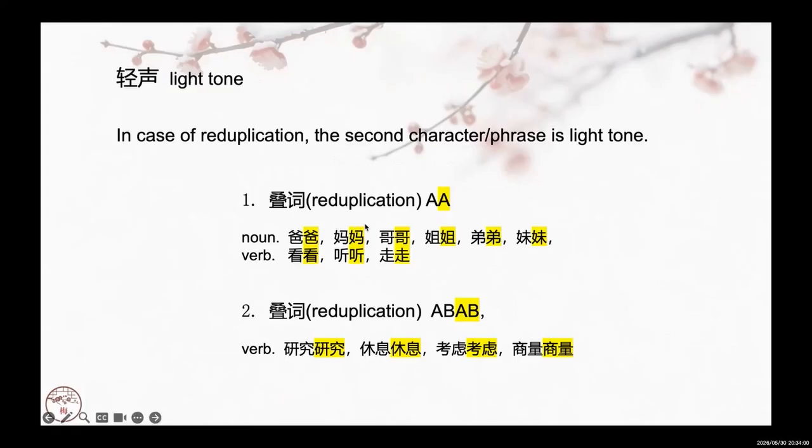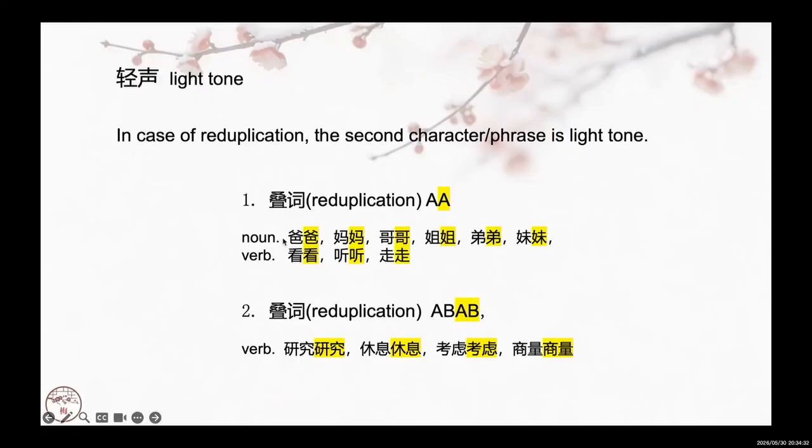So when the phrase has two duplicate characters, usually we see the second character in the lighter tone, which means the first character always sounds a little bit stronger than the second character. But always they are duplicate characters.